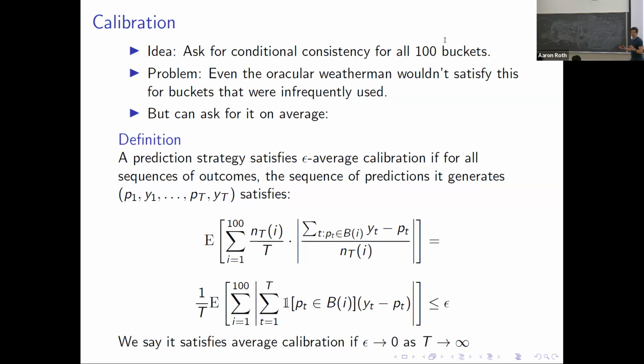And ideally, if we have a good prediction strategy, epsilon should go to 0 as t grows large, as it would for the oracular weatherman.